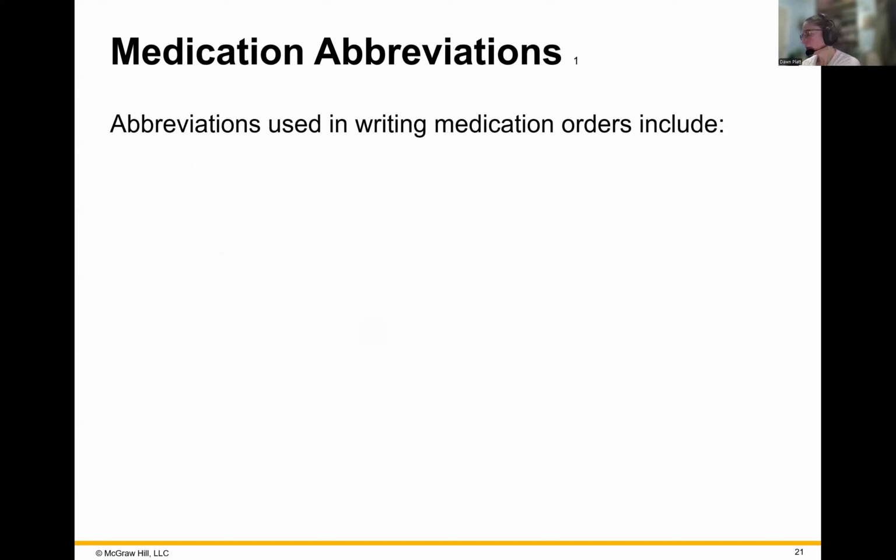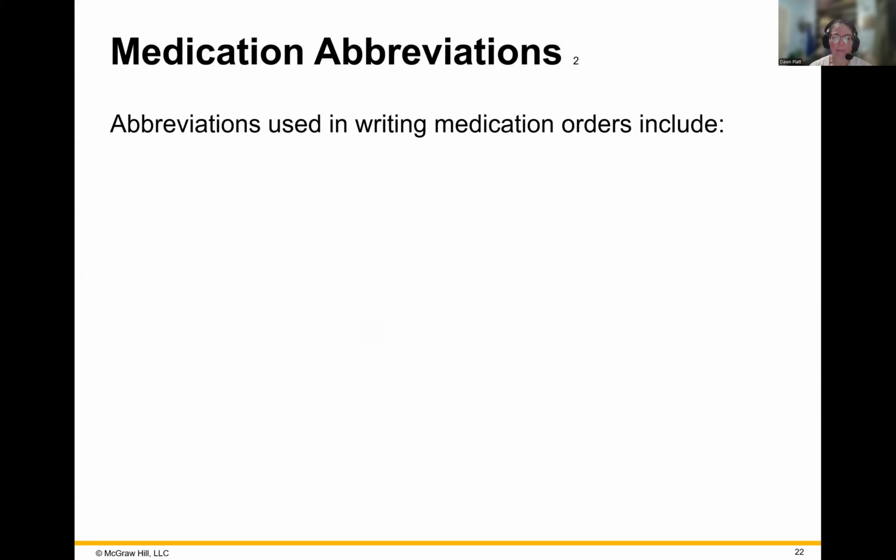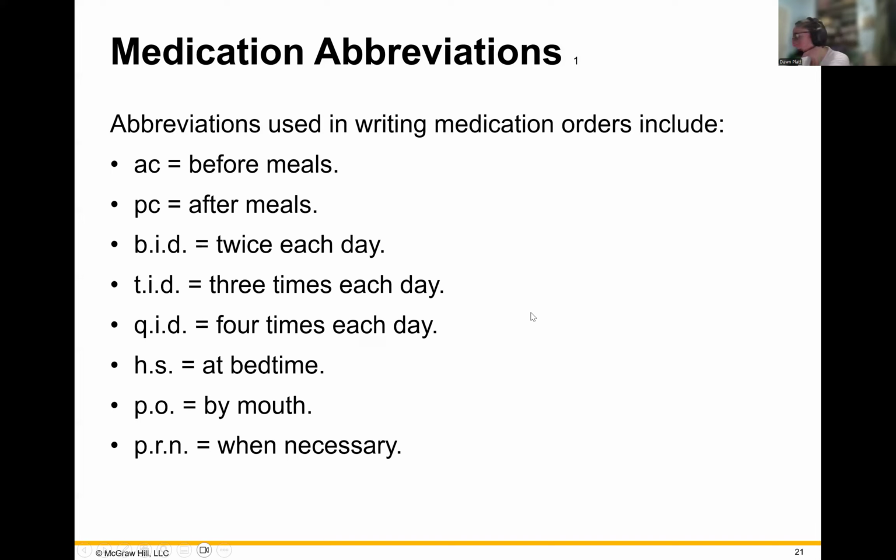And then when it comes to abbreviations, there's a lot of abbreviations when it comes to medication administration or pharmacology. And you might see these depending on which allied health pathway you're going into. So I'm just going to pull these up. There's a table in your book on page 710.